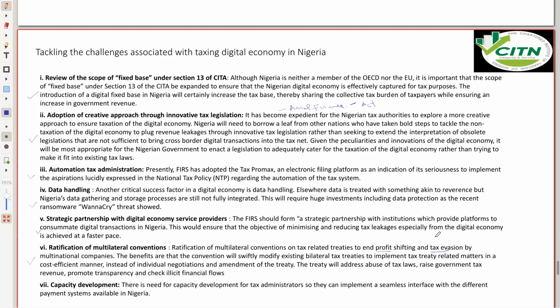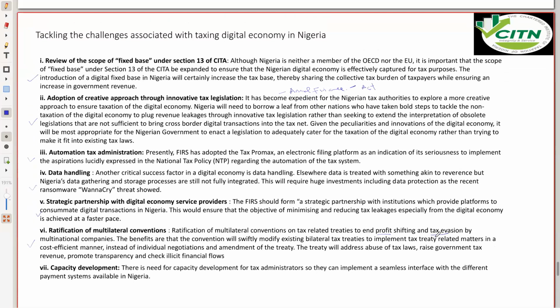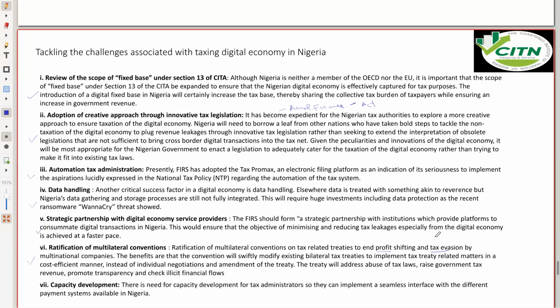So those are some of the approaches taken and some of the recommendations to address the challenges of taxing the digital economy, because that remains an area where there's a high level of income leakage, basically because we don't have access to the data. Two, we don't have a base in Nigeria. So we don't have a place where we can go and sit down and say you must file or we'll shut you down right now.